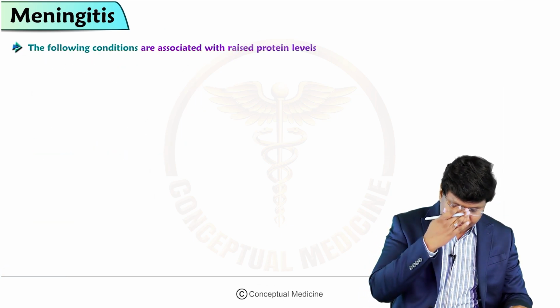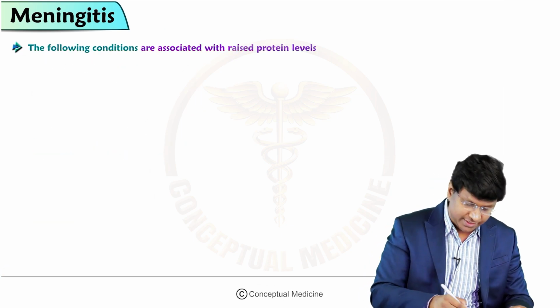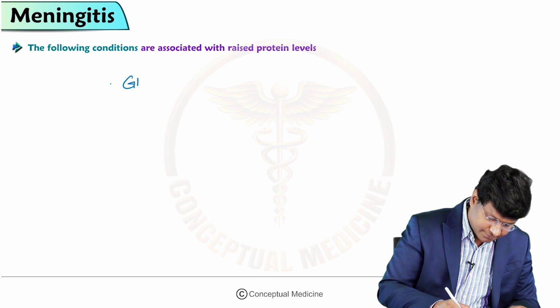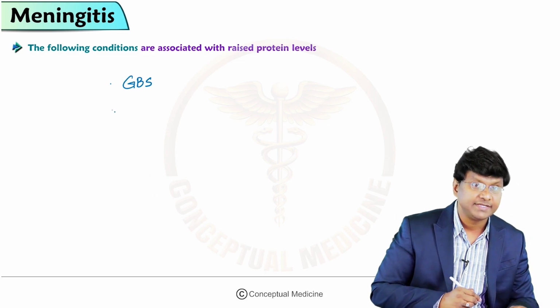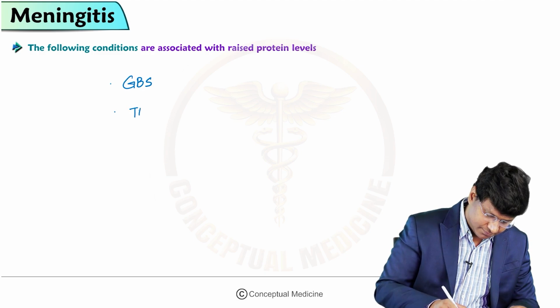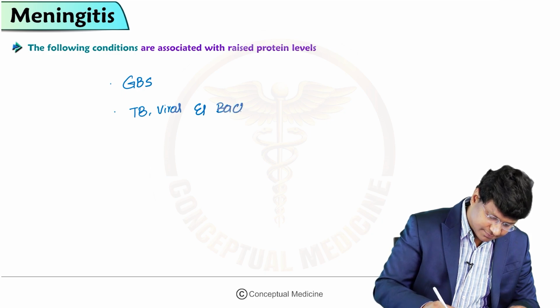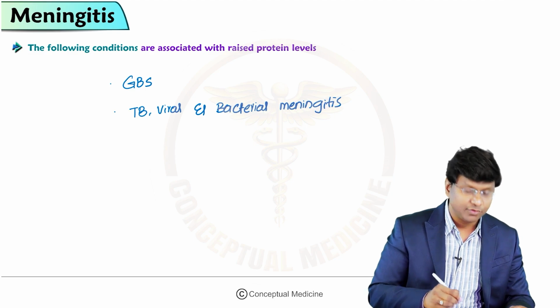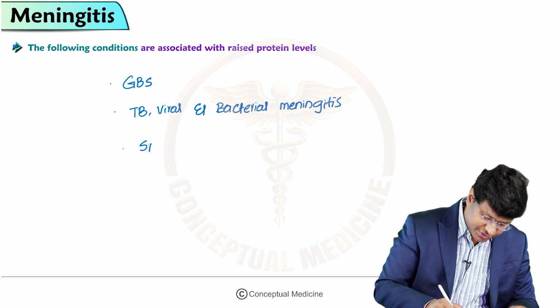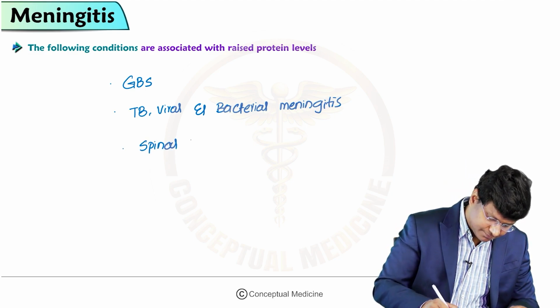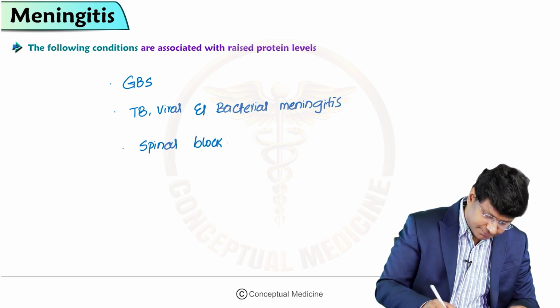So the conditions which are associated with raised proteins include Guillain-Barré syndrome, tuberculosis, viral and bacterial meningitis. Then followed by that, the Froin syndrome, that is spinal block. Right?